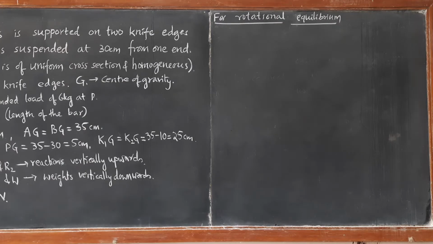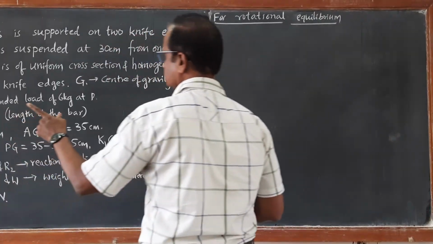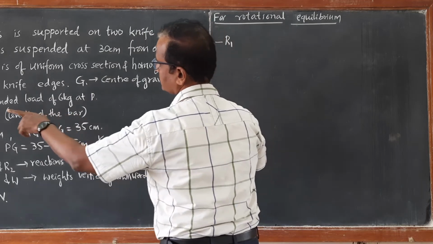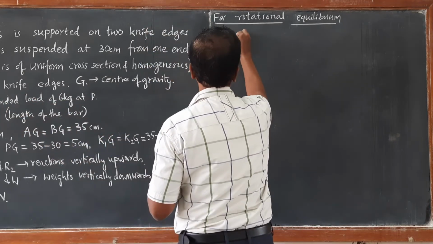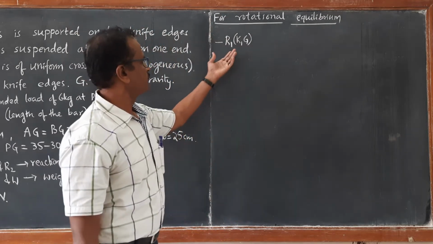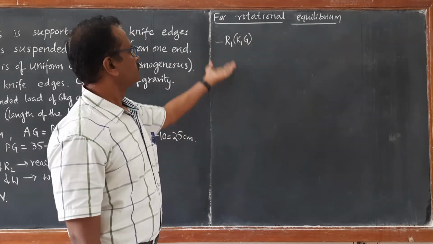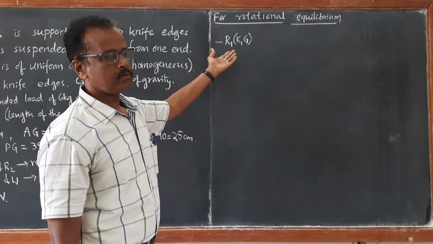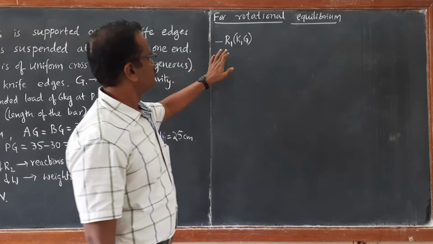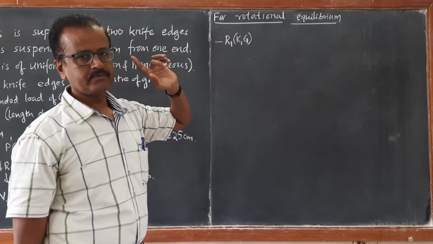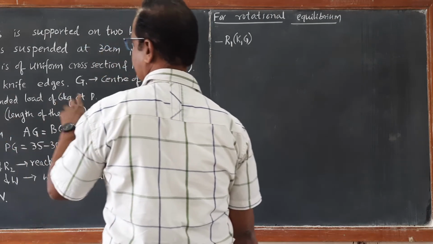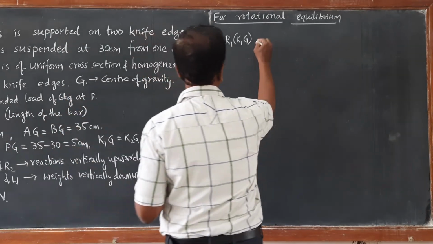So for rotational equilibrium, again refer to the diagram. Minus R1 into K1G. This is the moment due to the reaction R1, which is in the clockwise sense. Therefore, it is negative: force into perpendicular distance from the center of gravity. Plus, both of the remaining ones are positive.